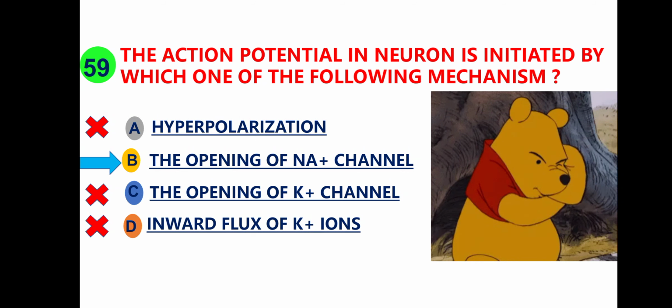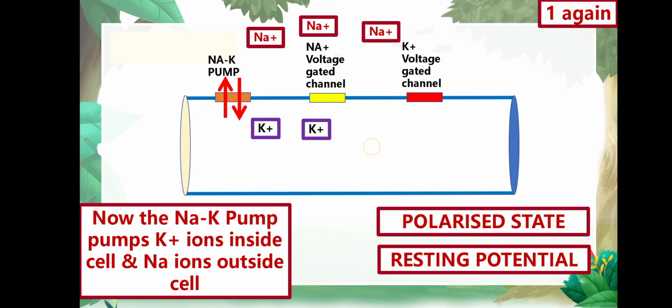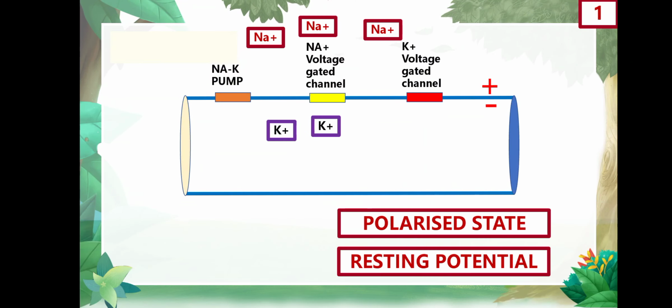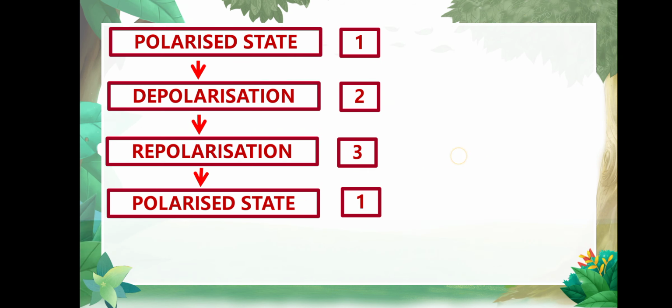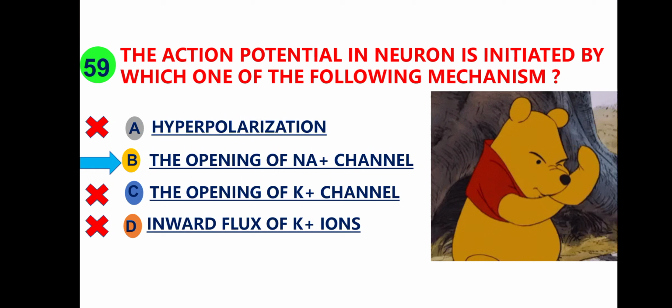Coming back to the question: the action potential in the neuron is initiated by which one of the following mechanisms? We have just seen what the action potential does. In case of any stimulus, the sodium voltage gated channel opens up, and the sodium ion comes inside the axon membrane.